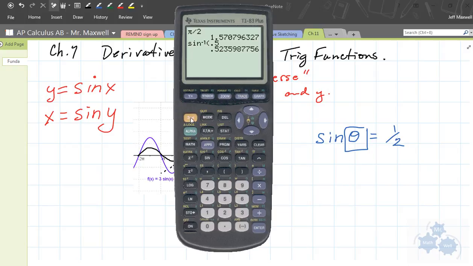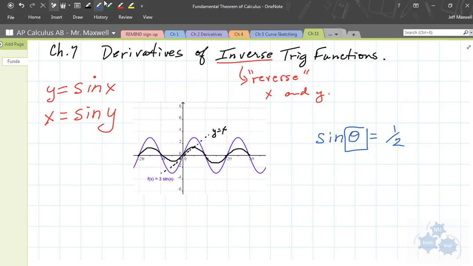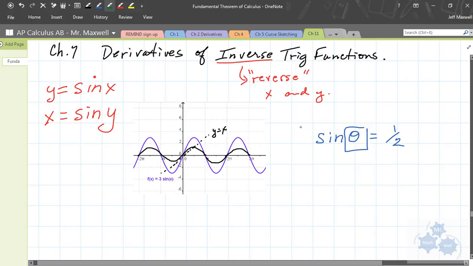Okay, or if we do pi divided by 6, that's that number. See? So on our calculator, we would take the inverse of sine to get theta all by itself, and hopefully you recognize that. Maybe your teacher showed you this, sine to the -1 of both sides. Now I'm getting to a point here, okay? But this is how we can isolate for this angle.